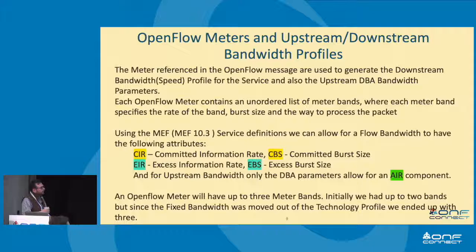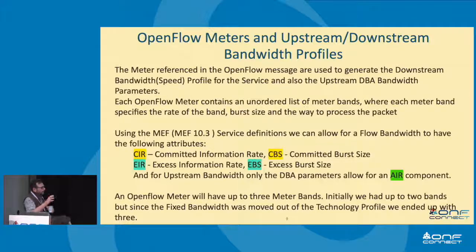So we did a mapping from the OpenFlow meters and meter bands. So the meter bands define a rate and a burst size. So each bandwidth component we need, a CIR, CBS, there was a meter band for it. Same with EIR, EBS, and same for AIR.